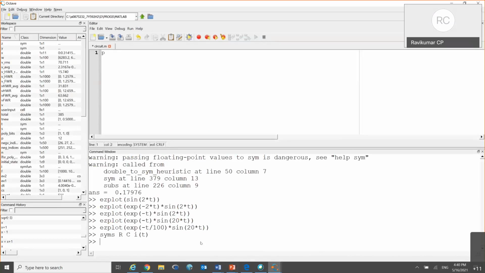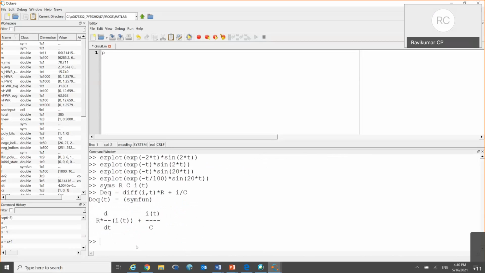So I will declare a differential equation called diff of I with respect to t multiplied by R plus I divided by C. So this is my differential equation. And then you can say dsolve this differential equation. And you can specify the initial condition.